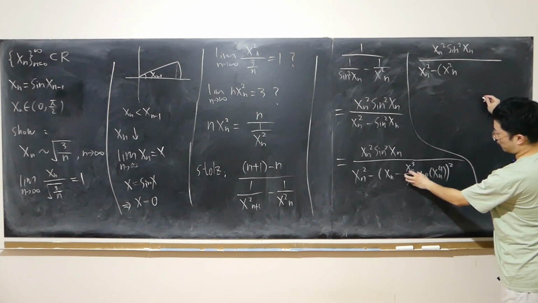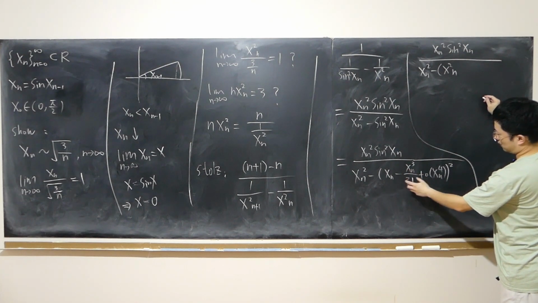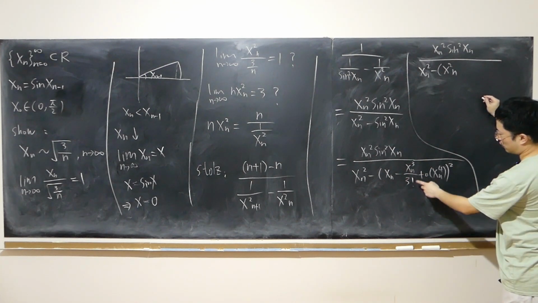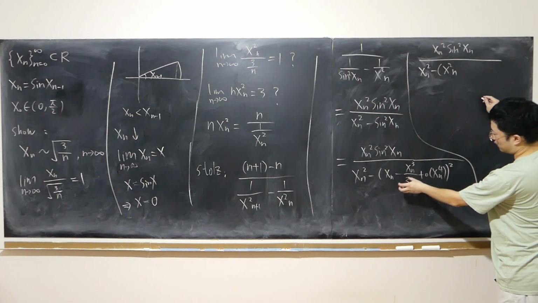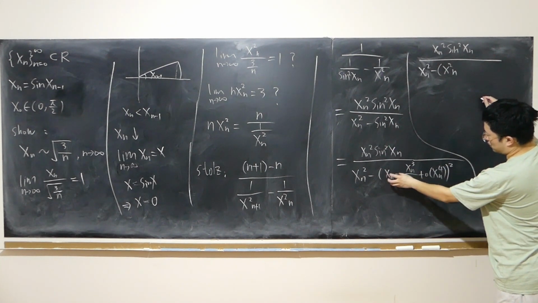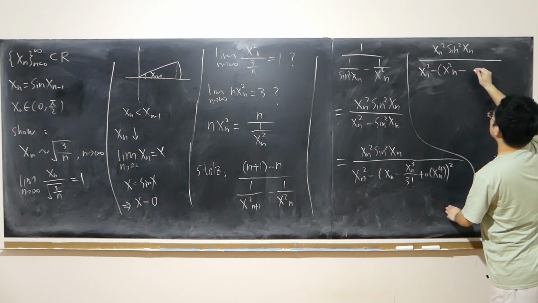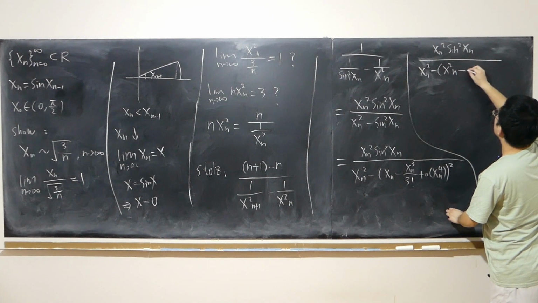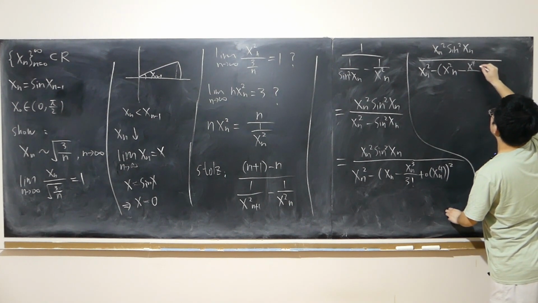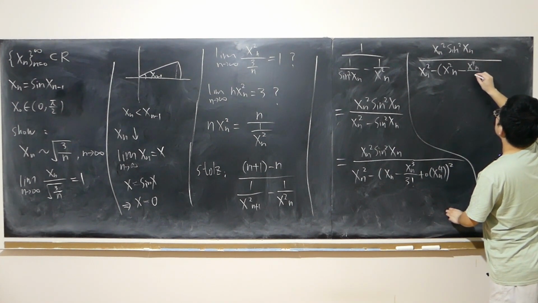This term multiplied by this term gives xn to the fourth over 6, negative. But I still have to use this term to multiply by this term, so I have twice of them, so exactly negative xn to the fourth over 3.